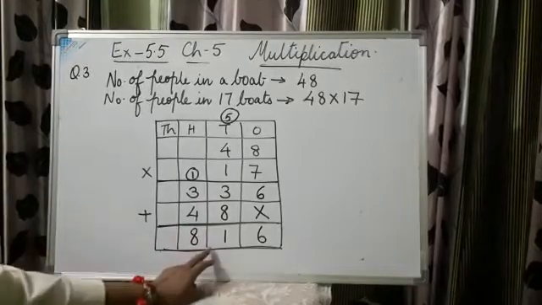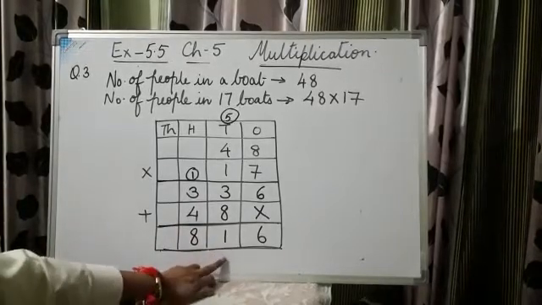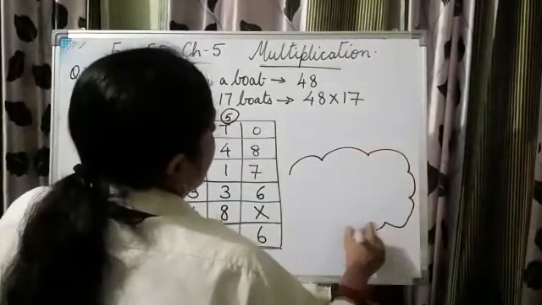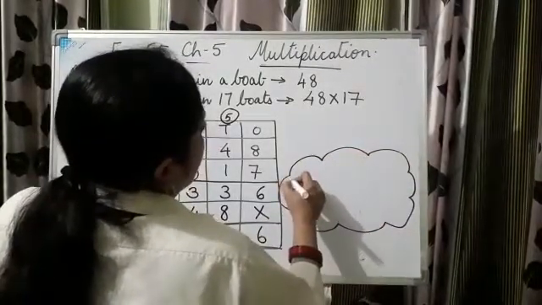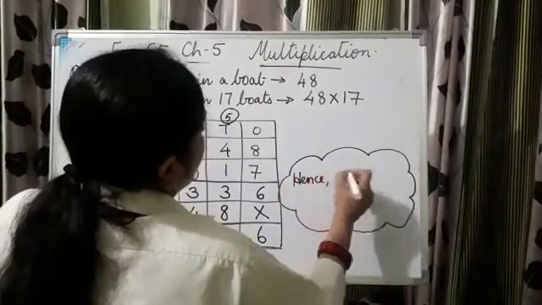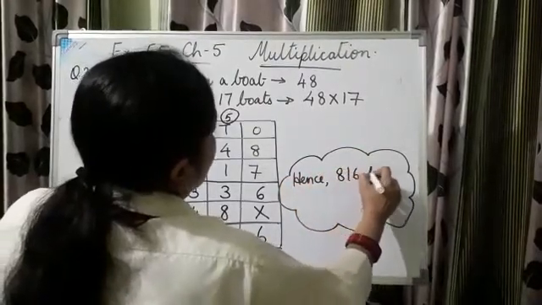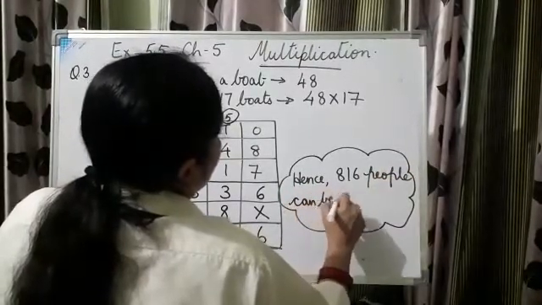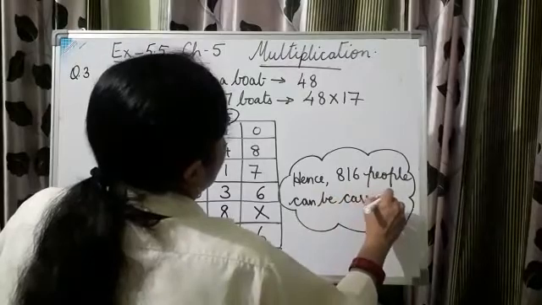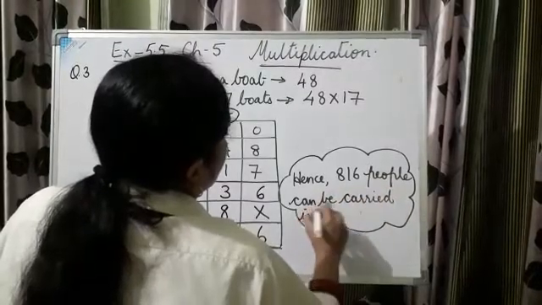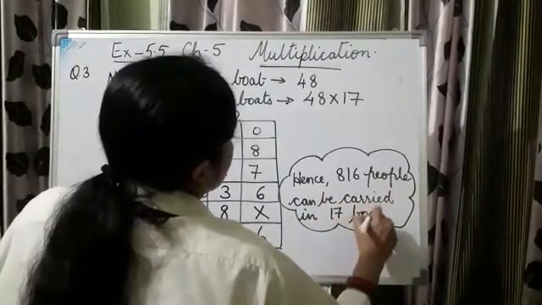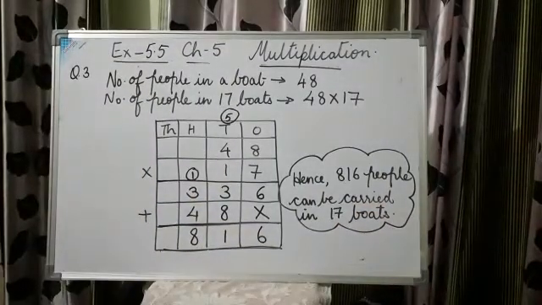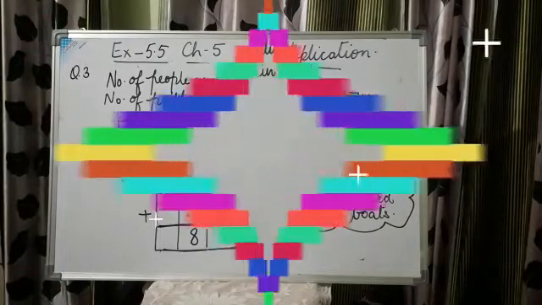So, we have got the final product, that is 816, which means we can write the last statement. Hence, 816 people can be carried in 17 boats. This is the way, children, you are going to do your multiplication word problem.